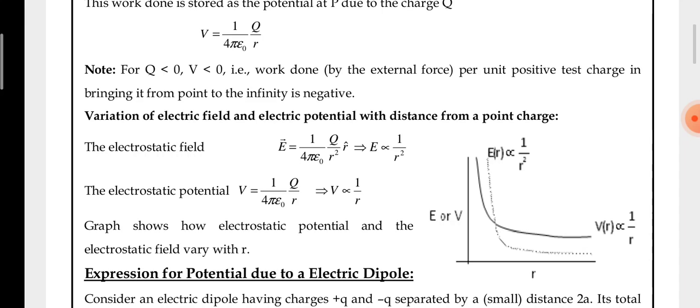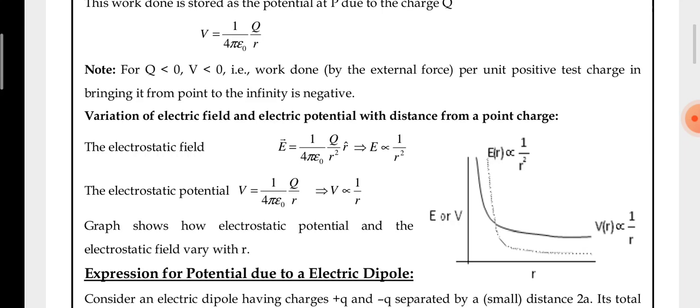For Q less than 0, V is less than 0, and in that case the work done will be negative. If the charge is positive, the potential is positive. If the charge is negative, the potential is also negative.